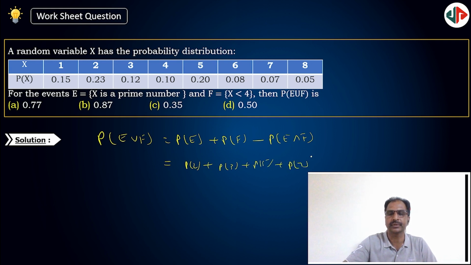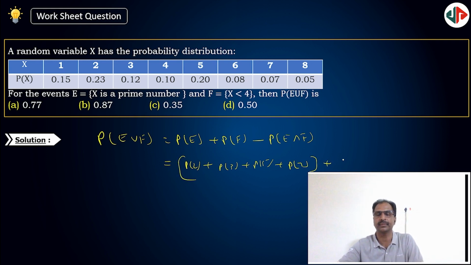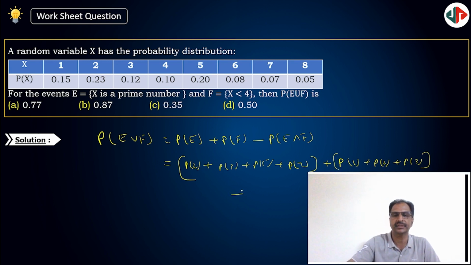These are the prime numbers. Next, probability of F. F is a number less than 4. Less than 4 means 1, 2, 3. Minus E intersection F means prime number less than 4. What are the prime numbers less than 4? 2 and 3.